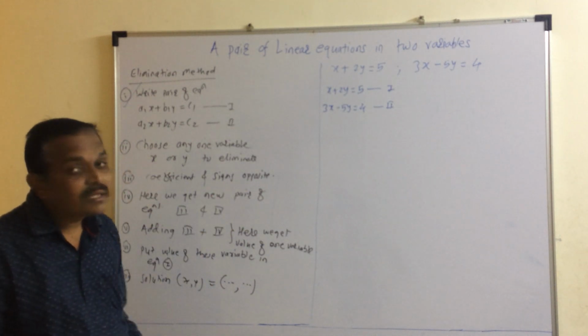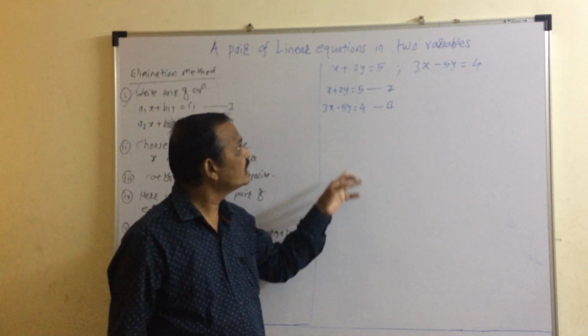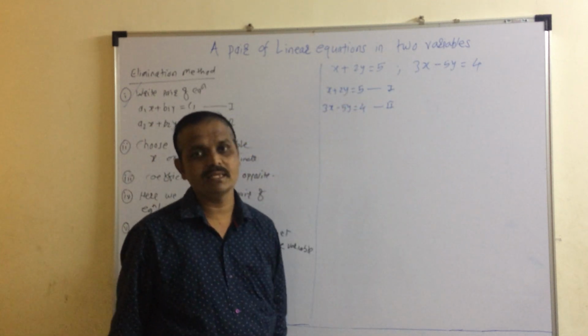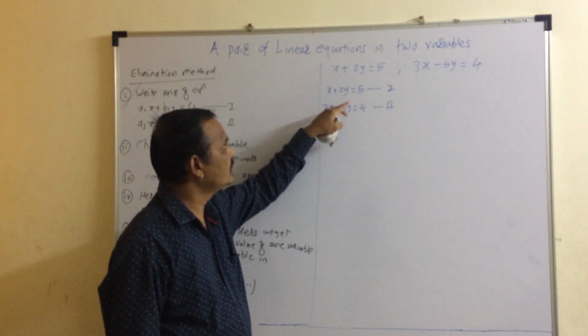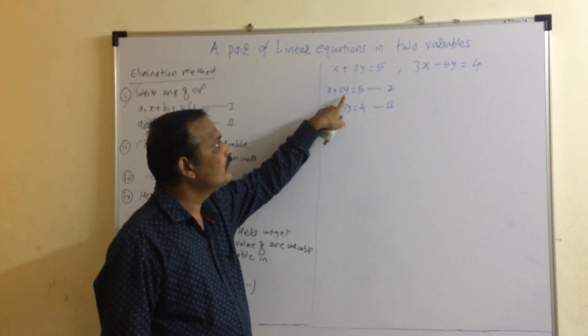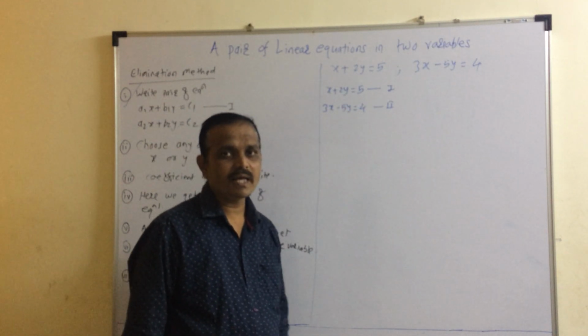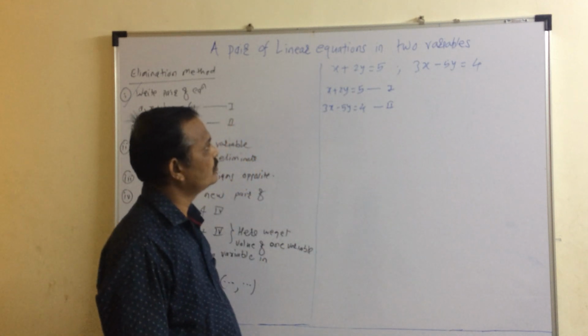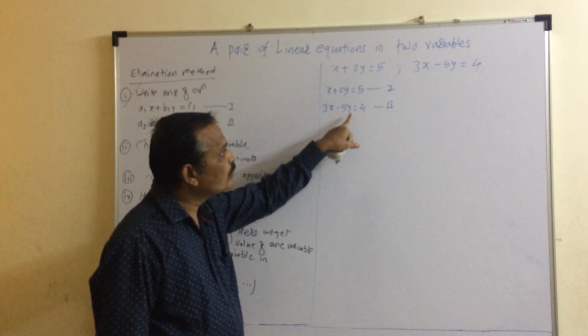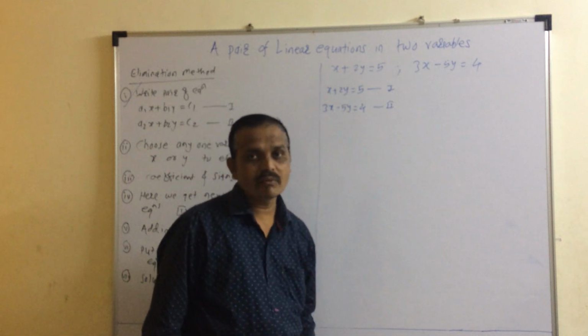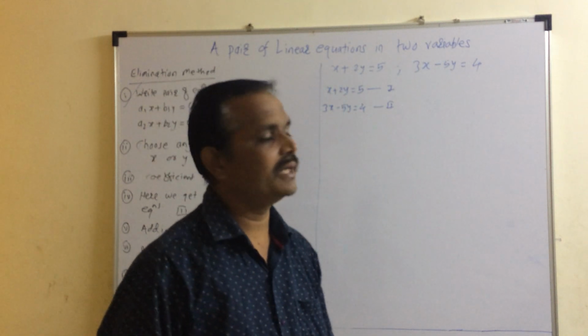So we select the variable which has opposite signs. Here in the given equations, the signs of variable y are opposite. So we select variable y to be eliminated.